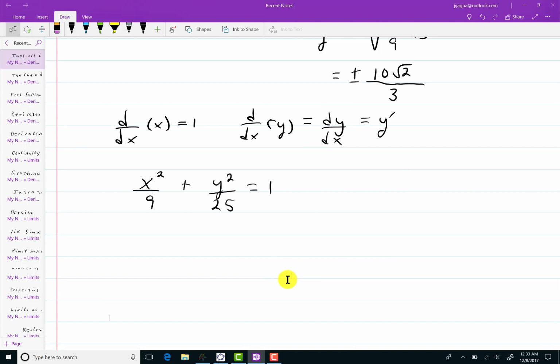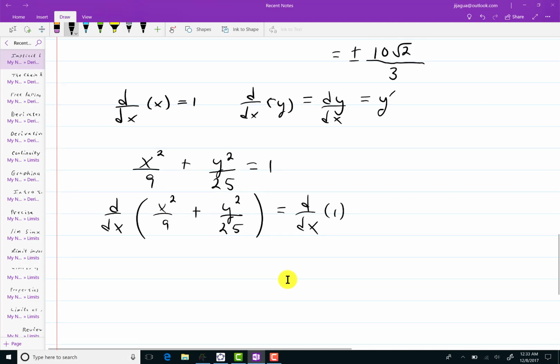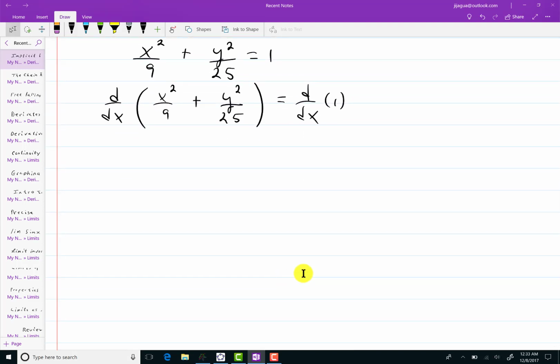I'm going to take the derivative with respect to x of both sides of this equation. Okay, the derivative of a constant is 0. The derivative of x squared is 2x.